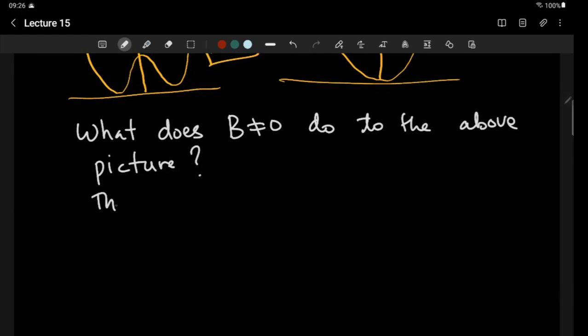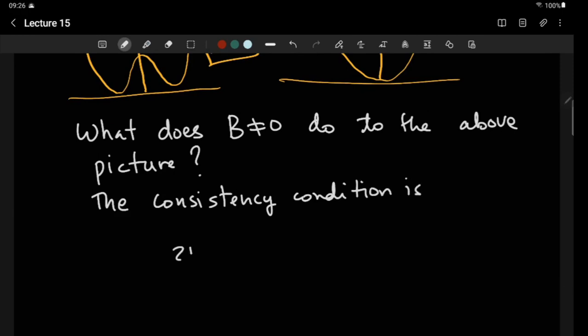So the consistency condition, and what is the factor with b? Does anybody know?